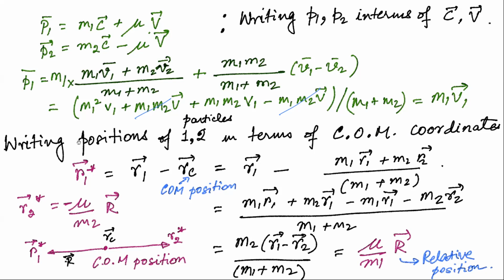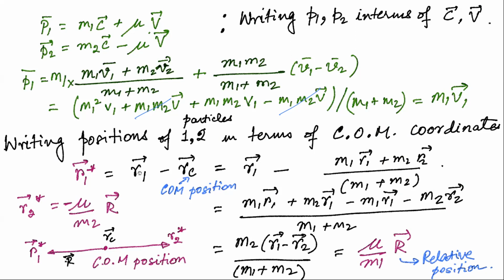So now writing the positions of particles 1 and 2 in terms of the center of mass coordinates. So R C is the instantaneous position of the center of mass, right?